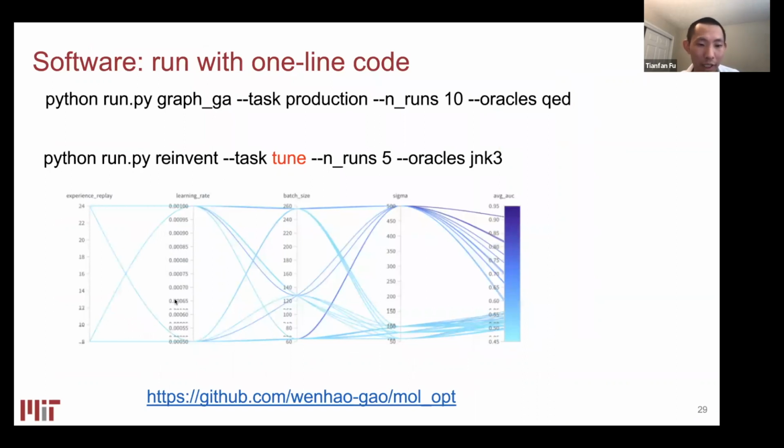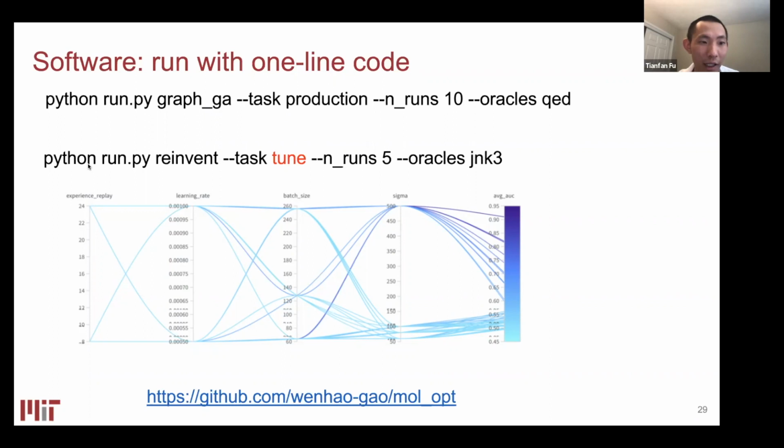We also release our code on GitHub, and it can run with one line of code. For example, in the first line, we want to run the graph-level genetic algorithm, and we set it to production mode, which means that we use the default hyperparameters to run the algorithm, and we run the algorithm 10 times independently, and we want to optimize the QED score.